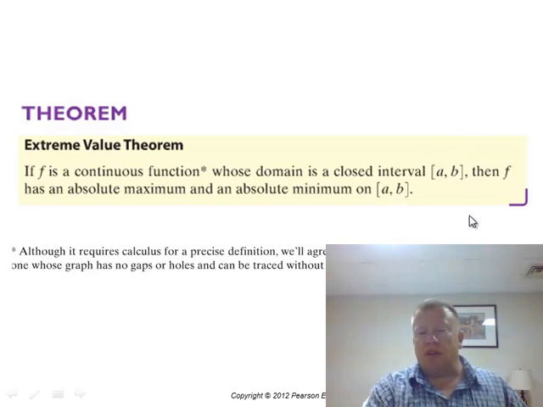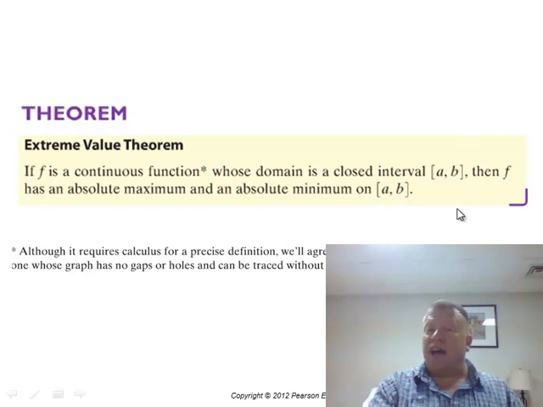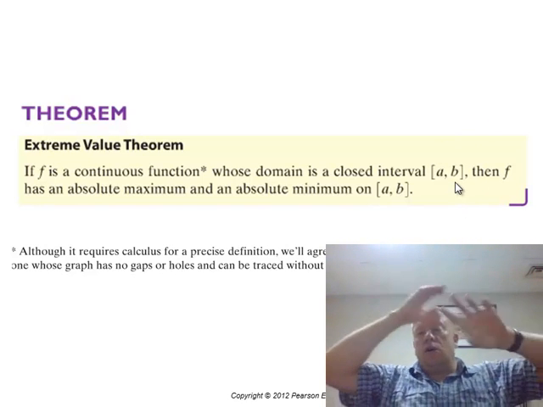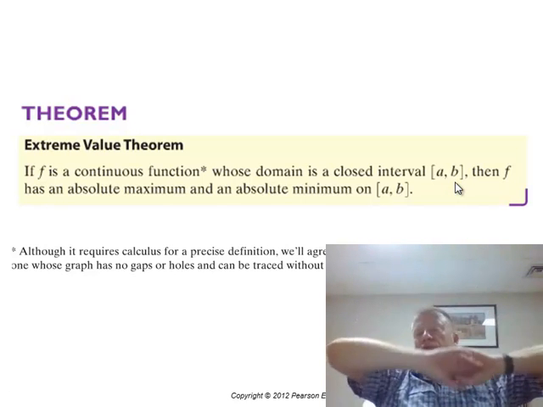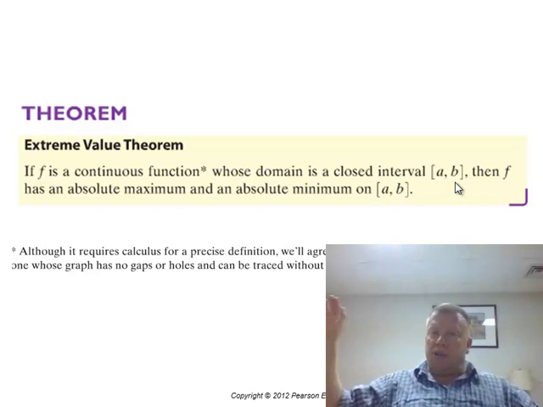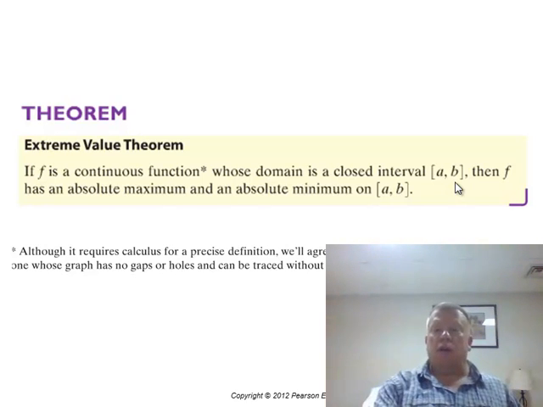And that's pretty much all I'm going to say on that, except for the fact that you could have a nice continuous function that's defined everywhere. You could have a domain that includes all real numbers, or at least some interval that's much larger than what's indicated by a comma b.